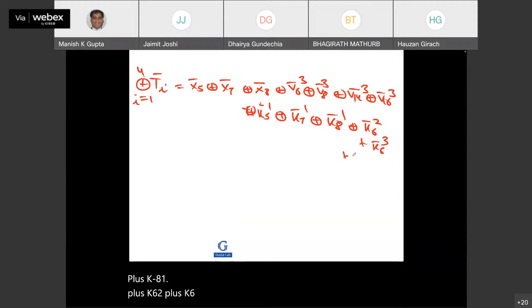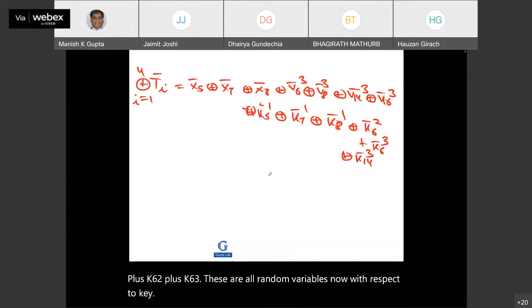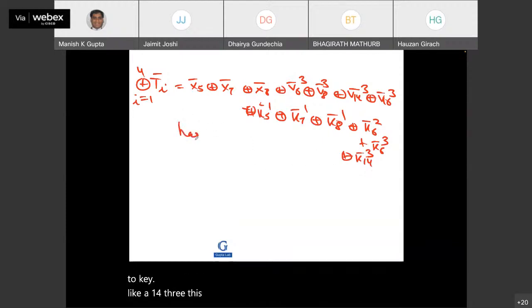These are all random variables with respect to the key. So this has bias -1/32, as we saw earlier, right?